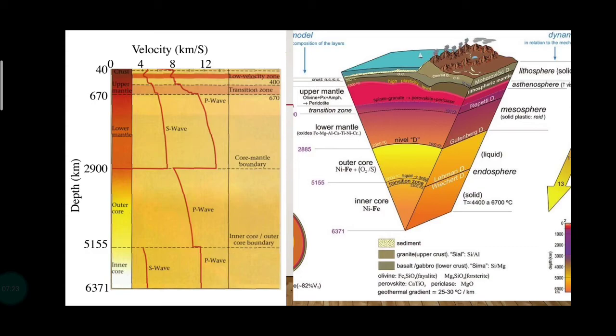At the core mantle boundary the seismic velocity abruptly decreases, and then steadily increases in the outer core. Between the outer core and inner core we found the Lehmann discontinuity.